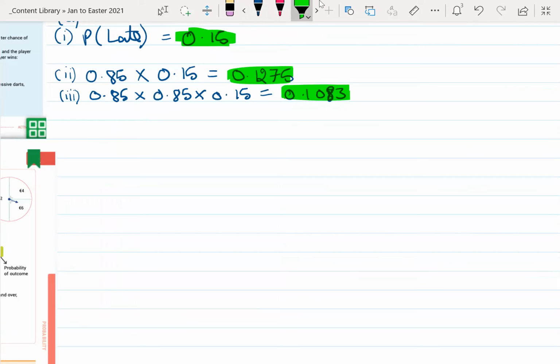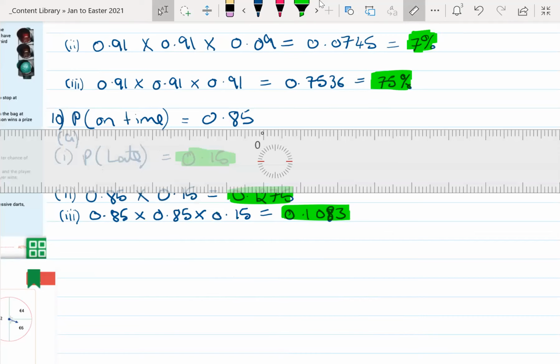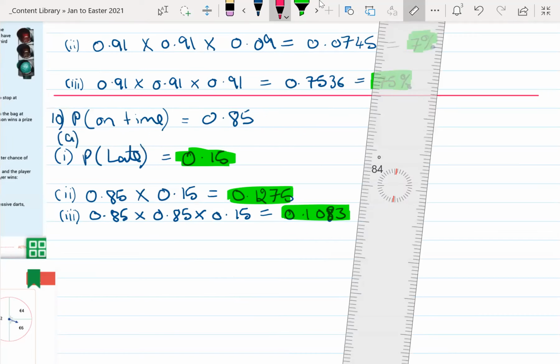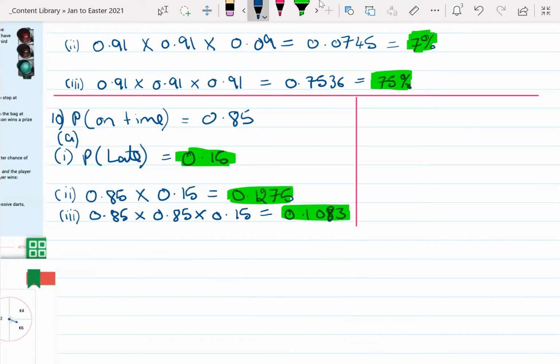Okay. Now part B. That was part A. I think I'll do part B over here. Let's just divide this out a little bit. Instead of going down, I'm just going to go across here and do B over here.